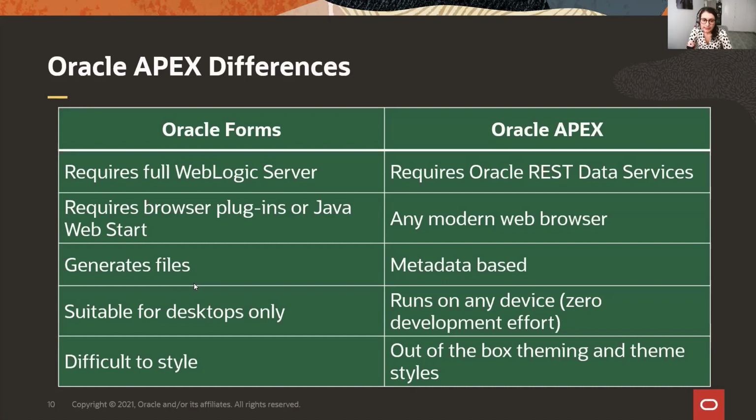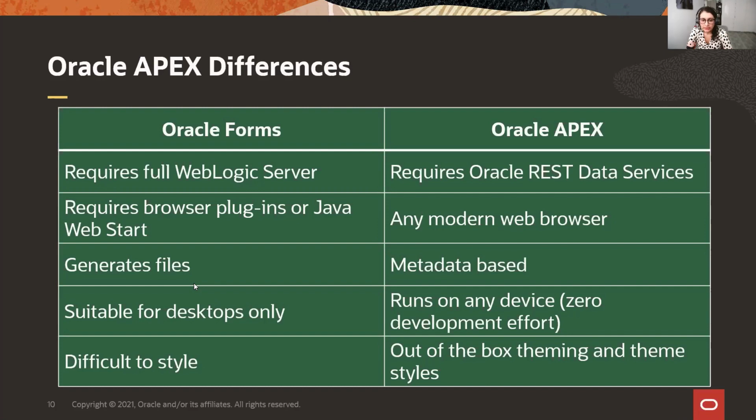The first one is that Forms is heavy, it's costly, and it's hard to install and maintain. And also, you require a WebLogic server license, while Apex is simple and light, and you only require Oracle REST Data Services, which is included for no additional cost with any Oracle database license.